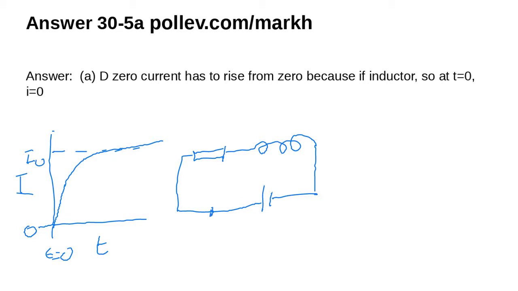There's no current through this circuit, and for a resistor to have any voltage over it, we need current. If the current is 0, then the voltage that we measure over this resistor, V equals IR, so if the current is 0, then the voltage is 0 over that resistor.